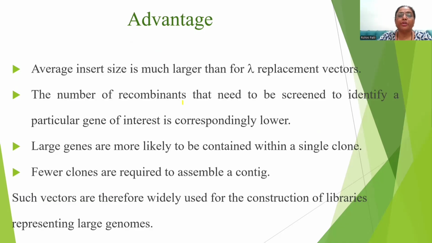So the number of recombinants needed to be screened to identify the particular gene of interest is correspondingly lower. Larger genes can be present in a single clone, and fewer clones are required to assemble the contig. So in this way there are a number of advantages of cloning the DNA fragment into high capacity vectors. I think you have understood the idea about the genomic library.